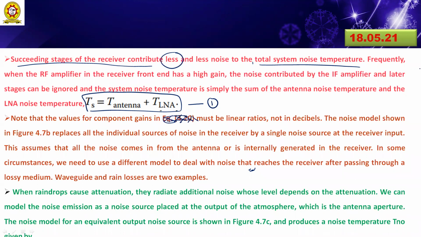And again, for example, when an RF amplifier is used in the receiver as the front end, we are able to provide a high gain, and the noise contribution by the IF amplifier and later stages can be ignored, so the system noise temperature is simply the sum of the antenna noise and LNA.